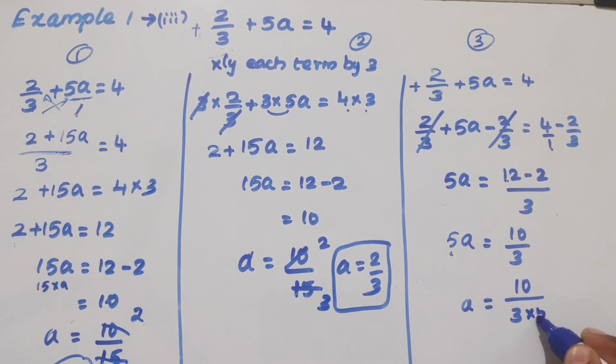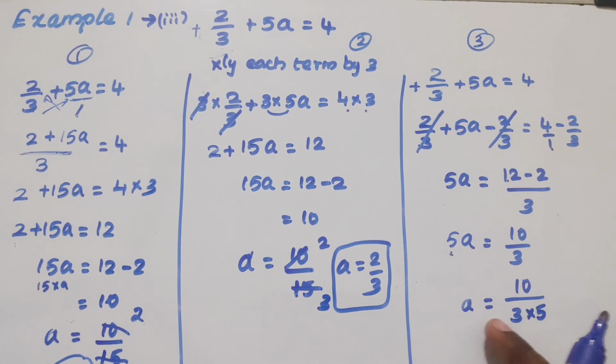This 5 comes in divide, here already 3 is there, so 3 into 5, a equal to 10 by 15. We can cancel it: 2 5s are 10, 3 5s are 15. Therefore, a equal to 2 by 3.